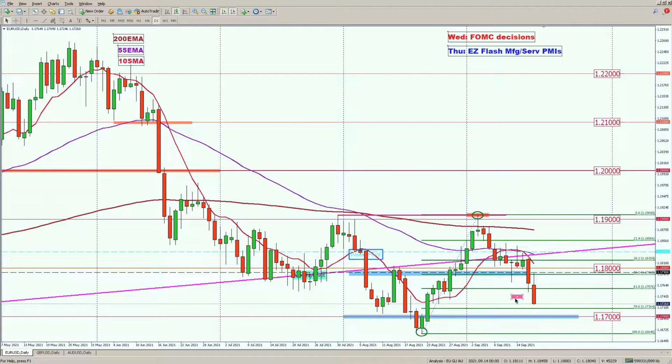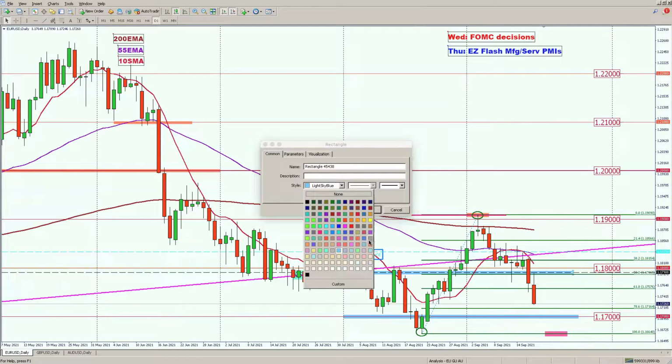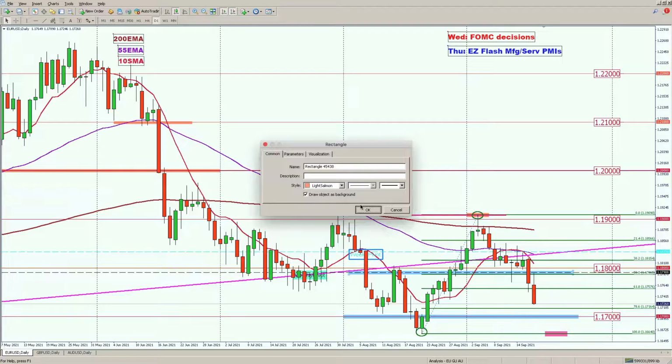So let's move this now, and perhaps move this here as the next critical support. So this area at the monthly pivot is now support turned to resistance. Let's change that there.